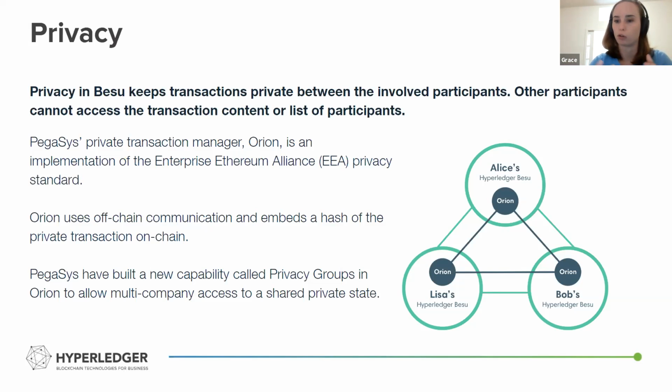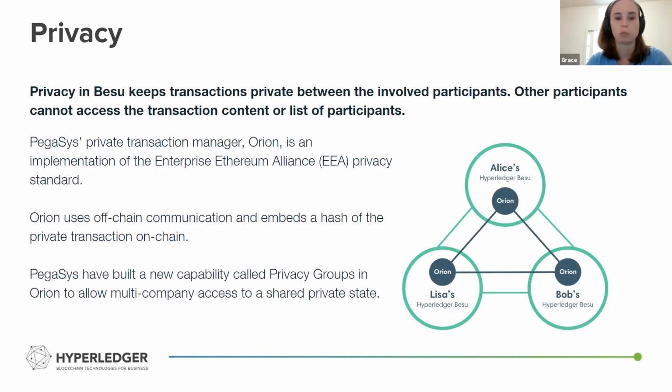You could create a privacy group among the 3 of them. The other 2 participants within that network would not be privy to that information. There would be a hash on the chain, but they wouldn't know what the hash was referencing, what the activity was, or who was even a part of it. They'll just see a hash. We think a privacy group is pretty cool because it creates an extra level of security.